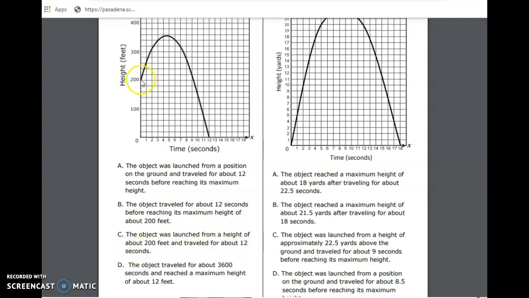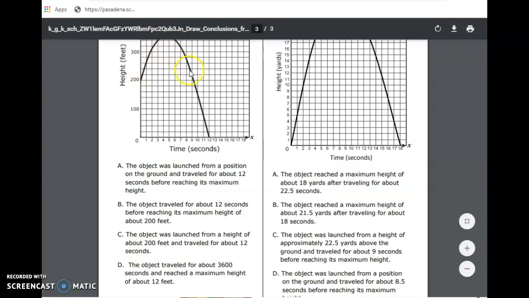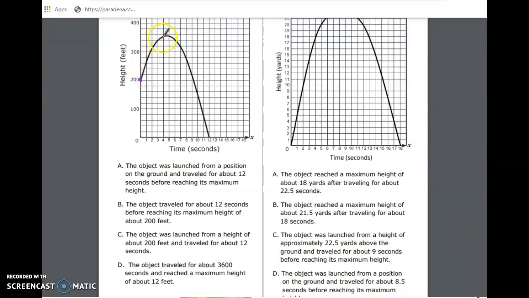Yes, it was launched from 200 feet and it did travel for about 12 seconds. It was launched here and it traveled for 12 seconds and then it hit the ground. So maybe. And then D, the object traveled for about 3,600 seconds. That doesn't make sense at all. Okay, so the answer is C.